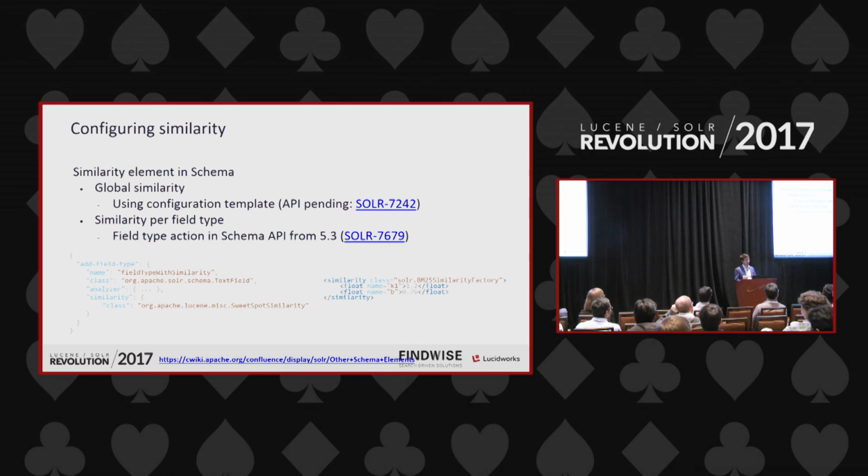Then we actually can set up the different similarities depending on the field that we want to search. And this is kind of related to the thing that I mentioned before, that the similarity allows us to calculate how important a query is for a specific field. So you can have different types of calculation depending on the field.